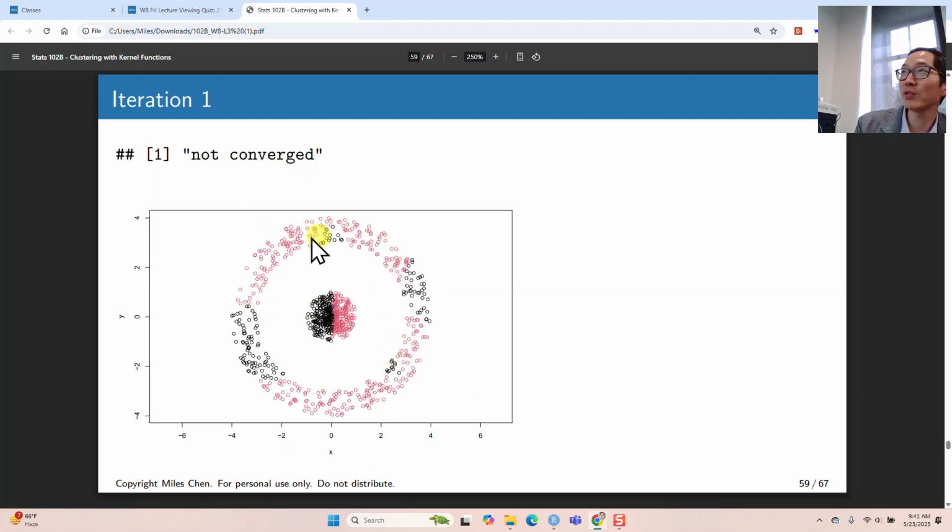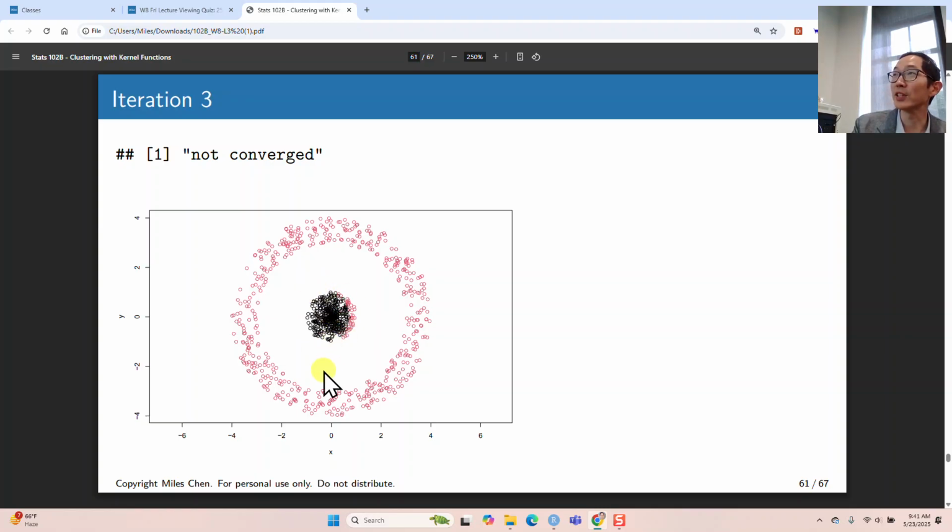And again, I have no idea what is actually going on in the higher dimensional space, but this is our group assignments there. And then after our second iteration, now all of the points on the outside are in the red cluster, and these ones are split.